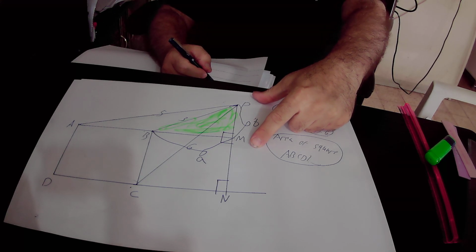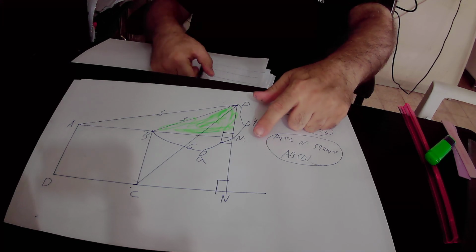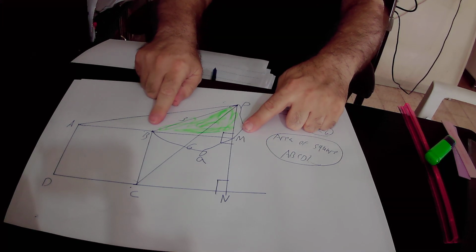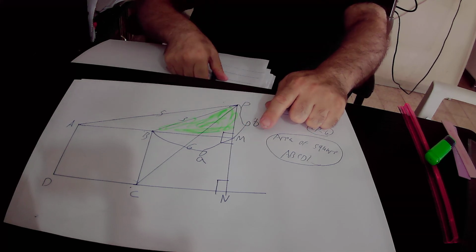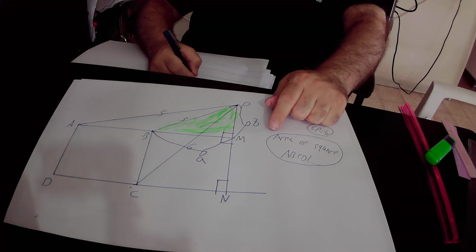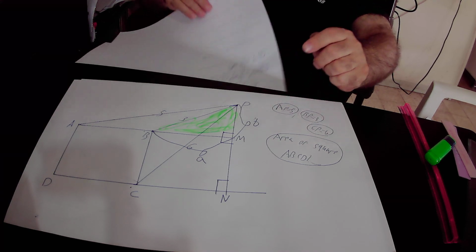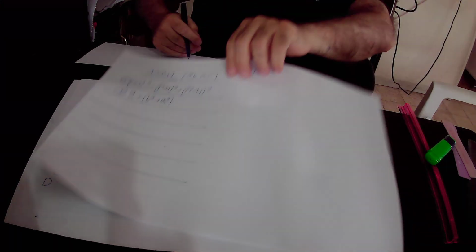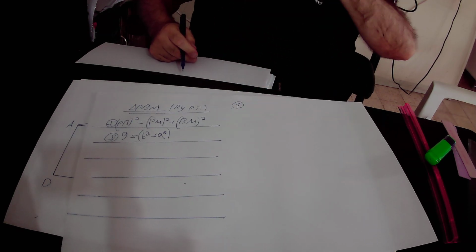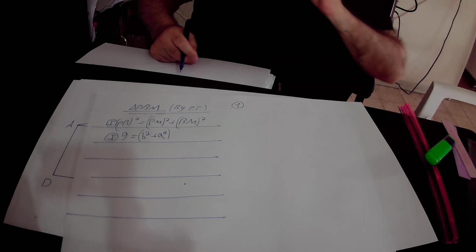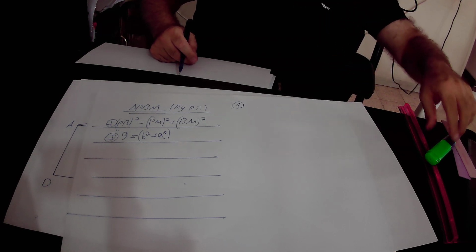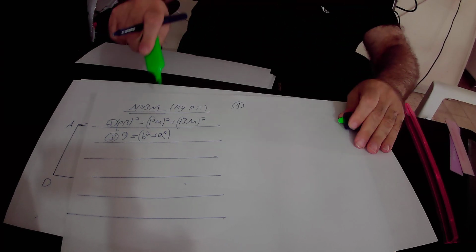PM equals B, therefore PM square is B square, and BM equals A, therefore BM square is A square. So, in conclusion, we found out that, according to the question, A square plus B square equals 9.